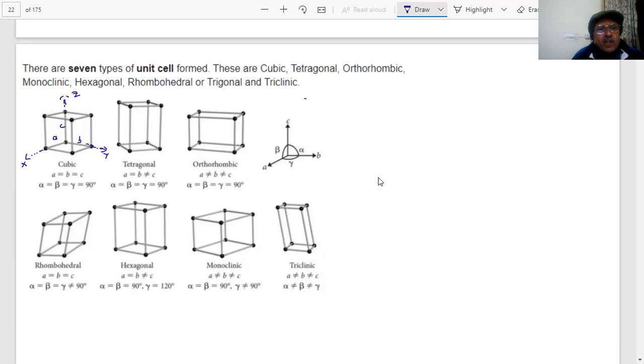From cubic, we are going to tetragonal. Now we have to remember this or learn it slowly, because they will give you one or two questions on that.